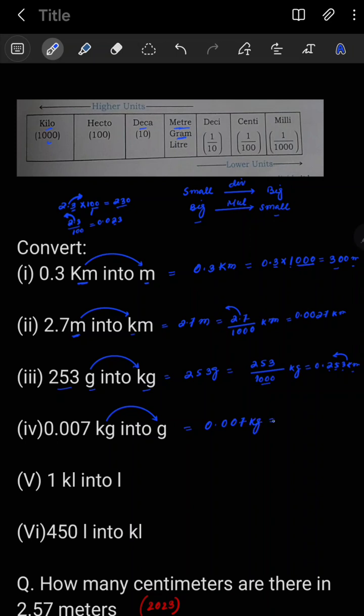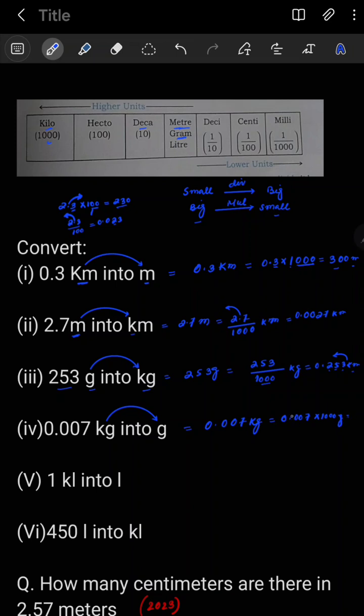If you want to convert into gram, 0.007 into, so gram to kg, you have to check. How much? 1000 you have to multiply. So if you multiply by 1000, then how much will you get?